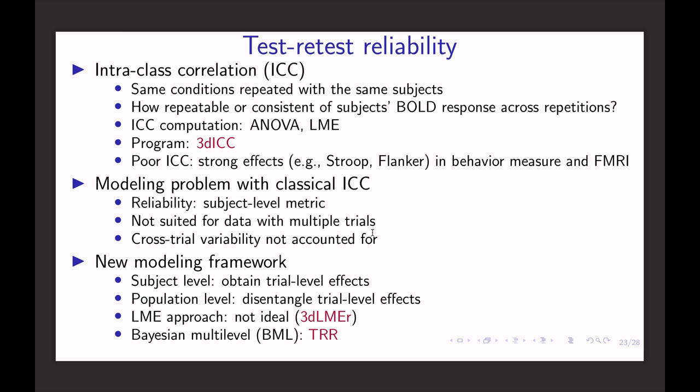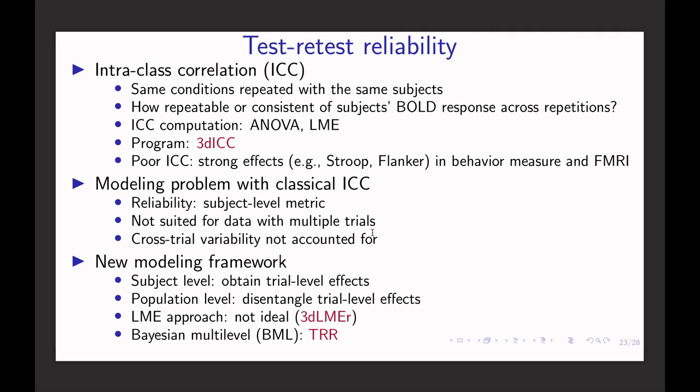If you pay close attention to the specific model, there's no such term for trials. The reason is because in the classical inter-rater variability, those judges give the performance scores. There are no multiple trials. There's just one performance per subject, for example.